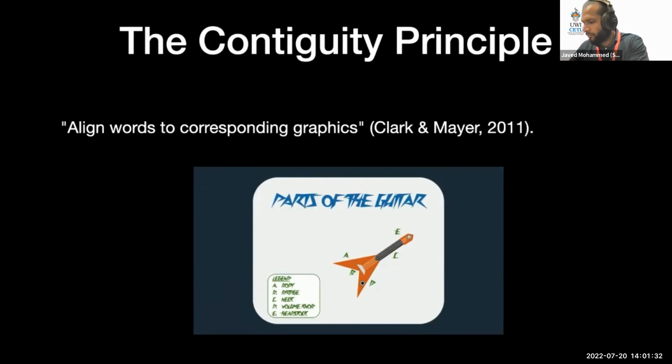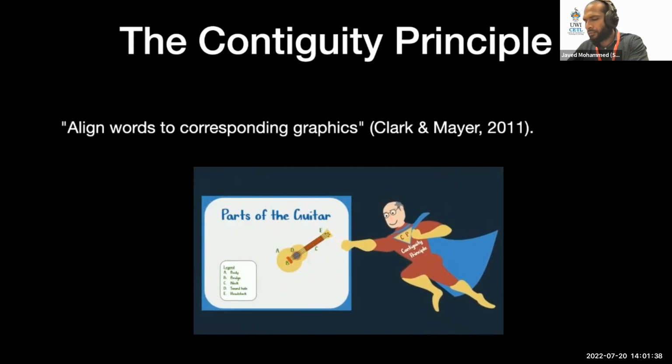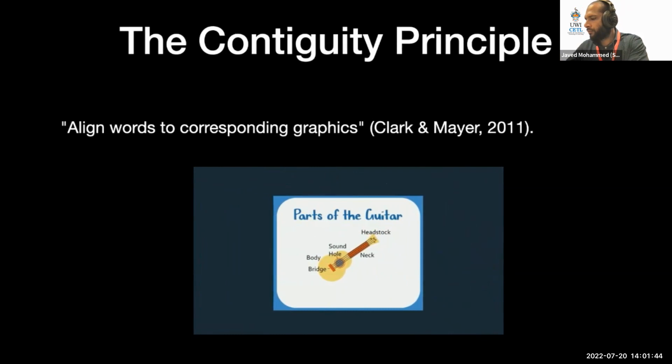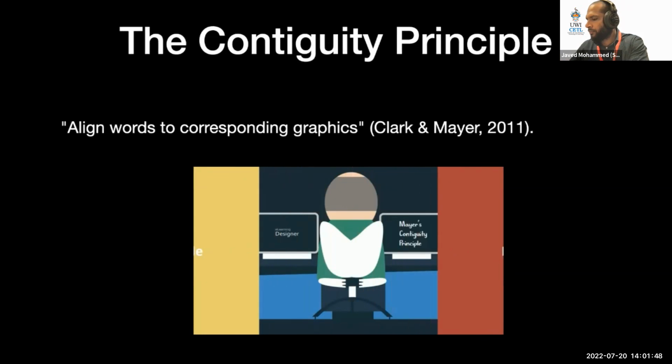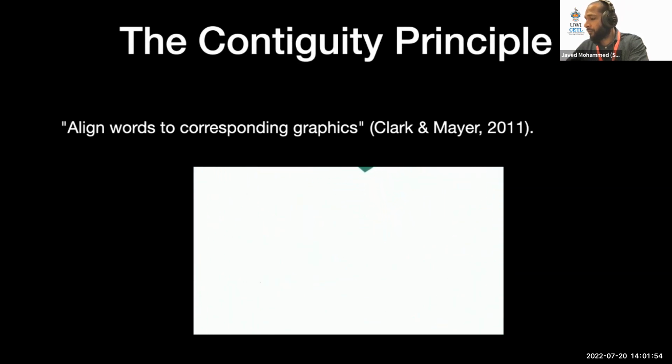And a learner will probably skip anything that's too hard to understand. Mayer's Contiguity Principle helps us improve the quality of our graphics by making sure on-screen text and narration aligns with the graphics. This may seem simple, easy even, but let's take a closer look at what this means for e-learning designers and how it improves knowledge retention in your learners.